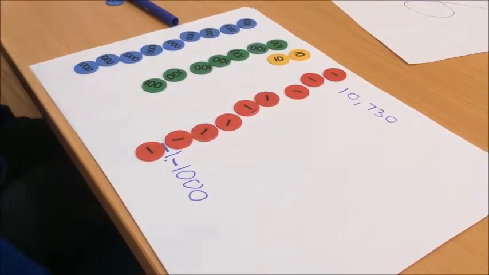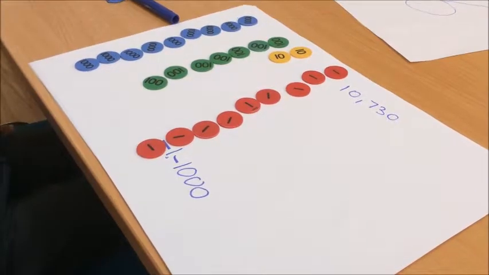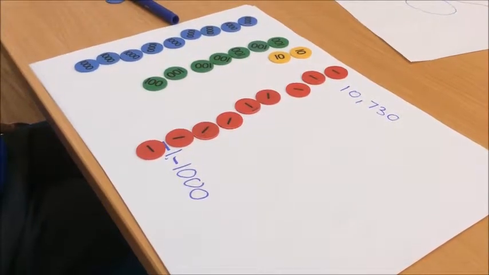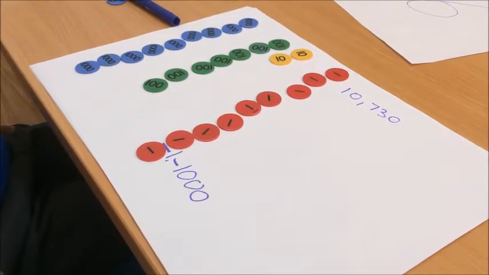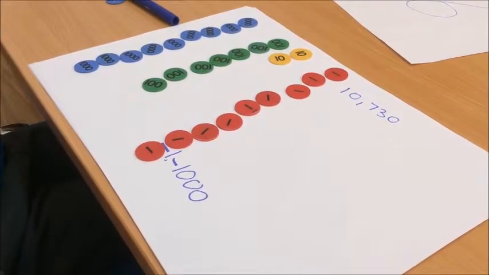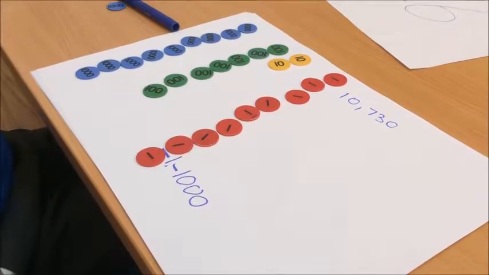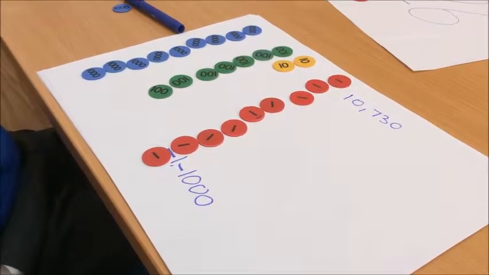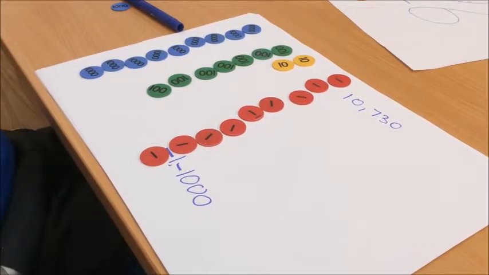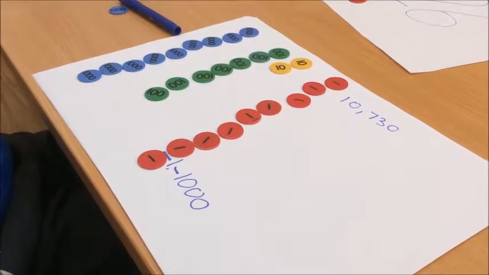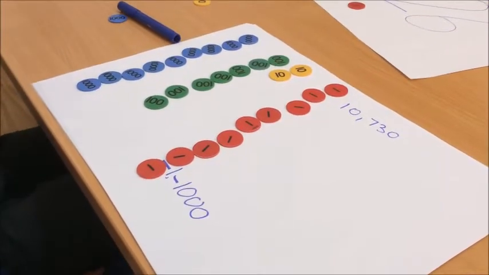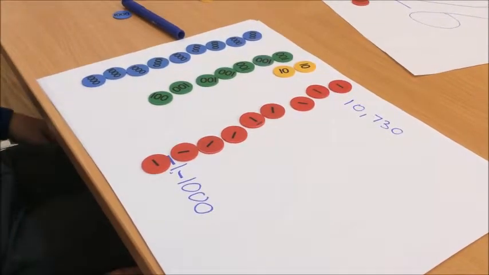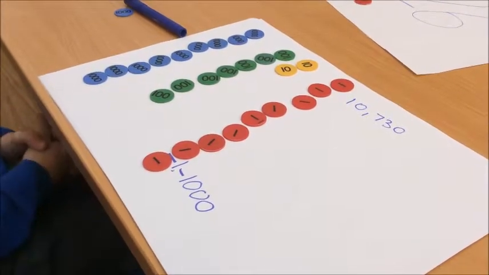Okay, can we have a go at trying to do that game just counting? So you said 9,729. I'm going to say 8,728. 7,727. 6,726. 5,725. 4,724. 3,723. 2,722. 1,721.